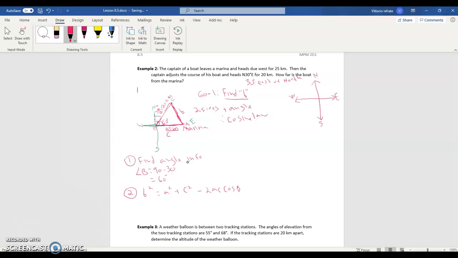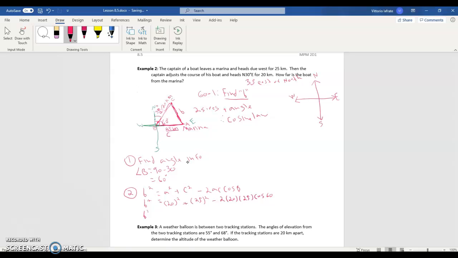Okay. So let's go fill in our information. So b squared. And again, normally I wouldn't write b squared over and over again, but I'm doing it just to remember to take the square root at the end. Is equal to 20 squared plus 25 squared minus 2 times 20 times 25 cos 60.